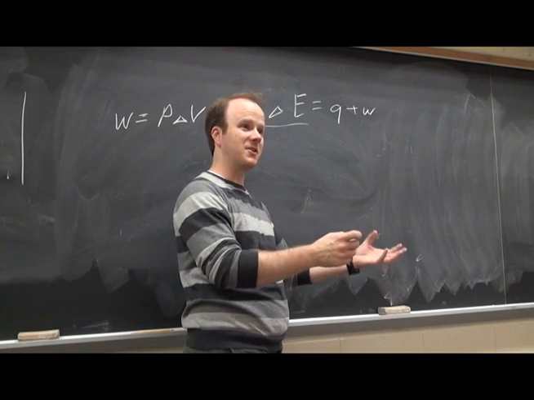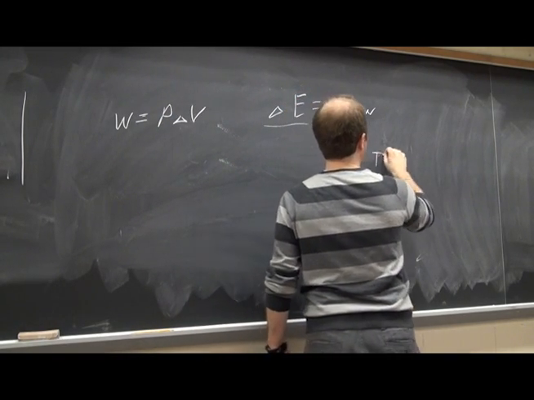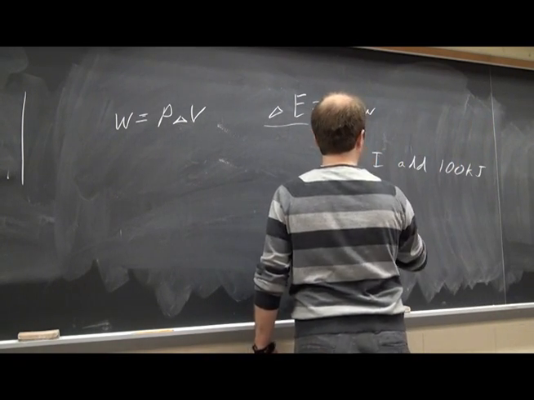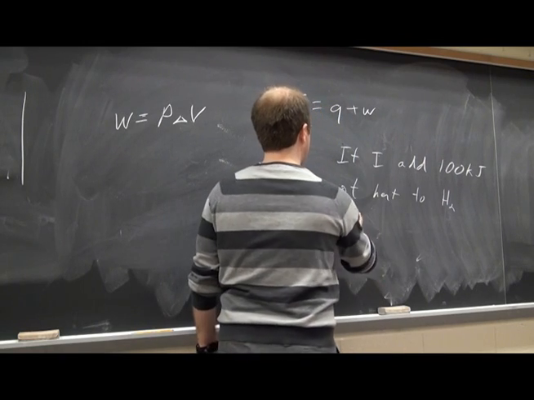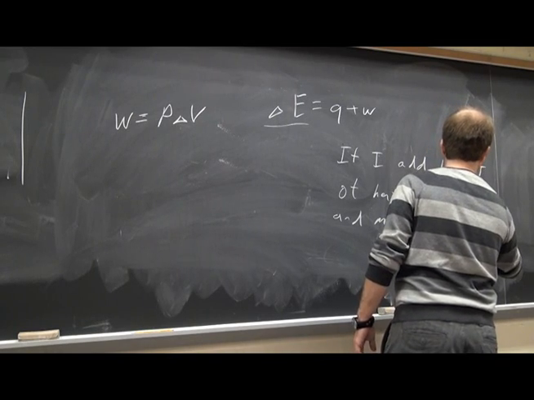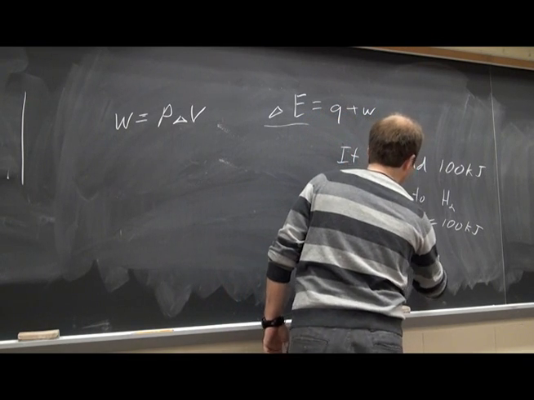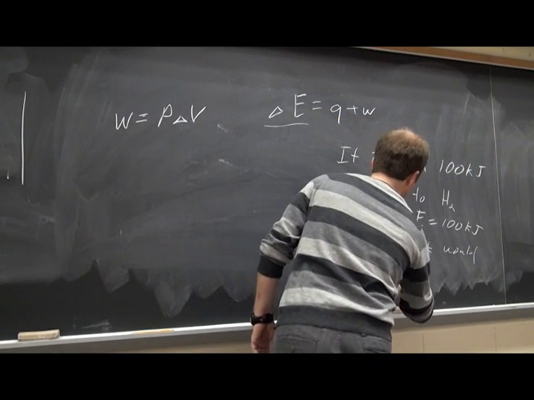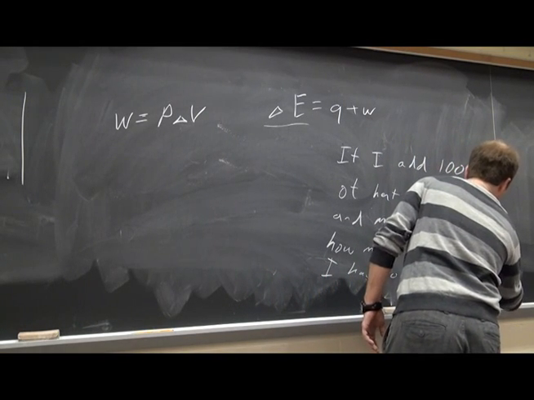So whether I do 100 kilojoules of work to something, I could ask you, let's say, if I add 100 kilojoules of heat to H2 and my delta E equals 100 kilojoules, how much work would I have to do to get the same delta E?